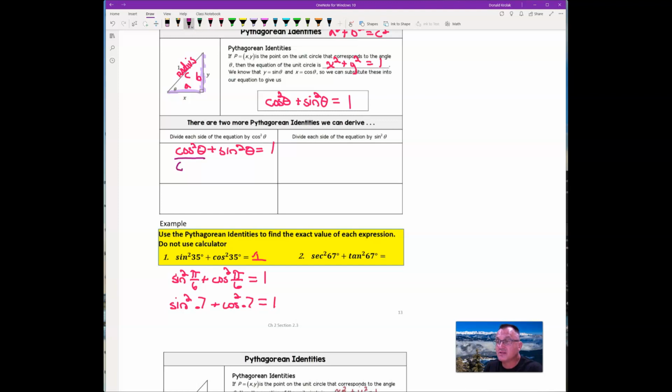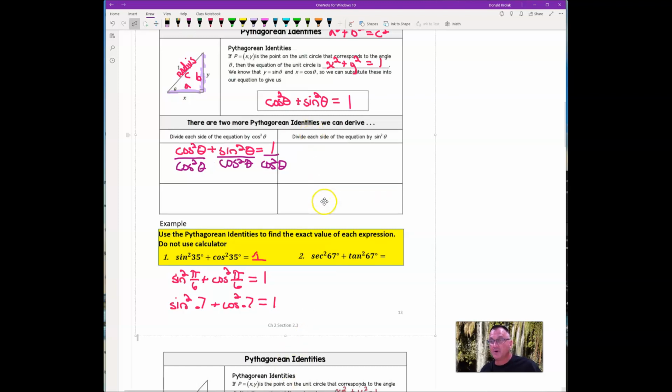So I'm going to divide this side by cosine squared plus this by cosine squared and 1 by cosine squared. All right, now, so what I did was I just divided everything by cosine squared.